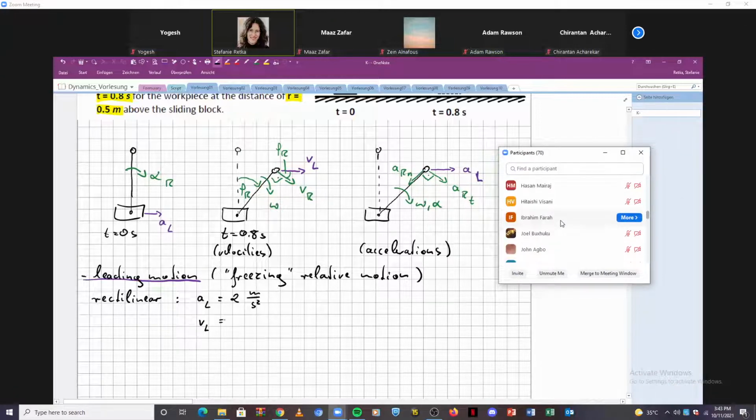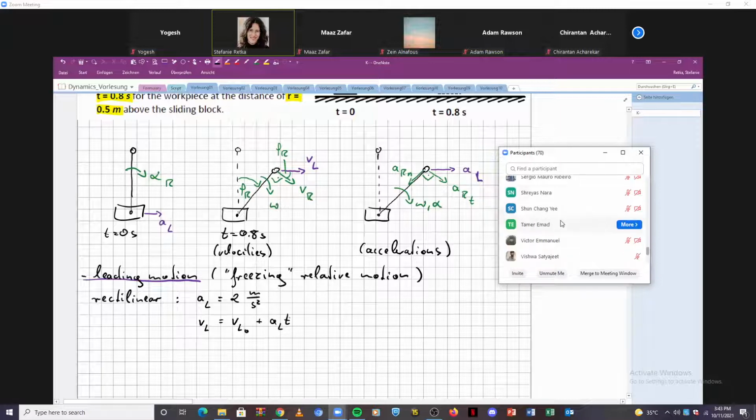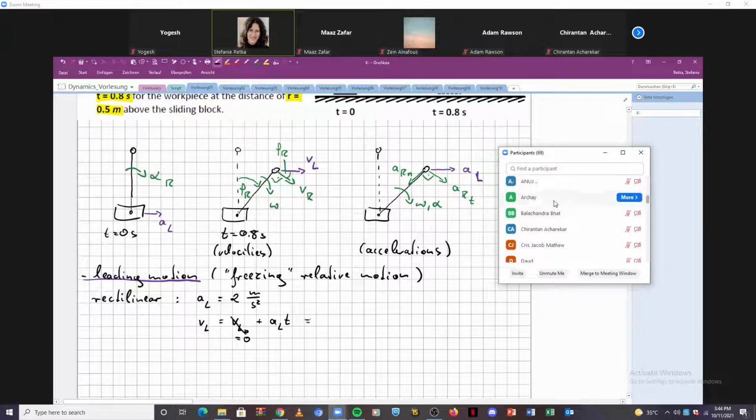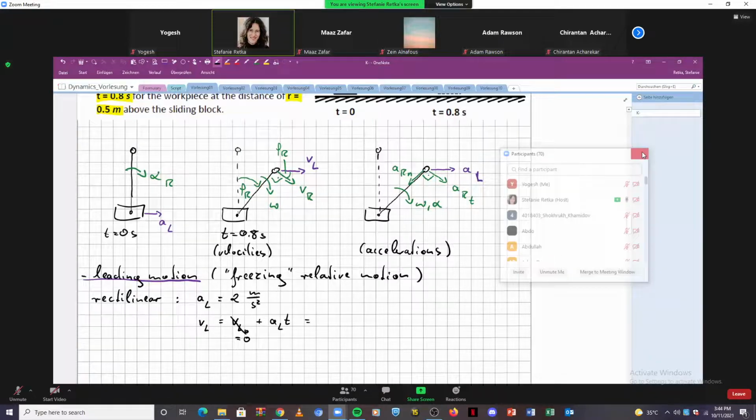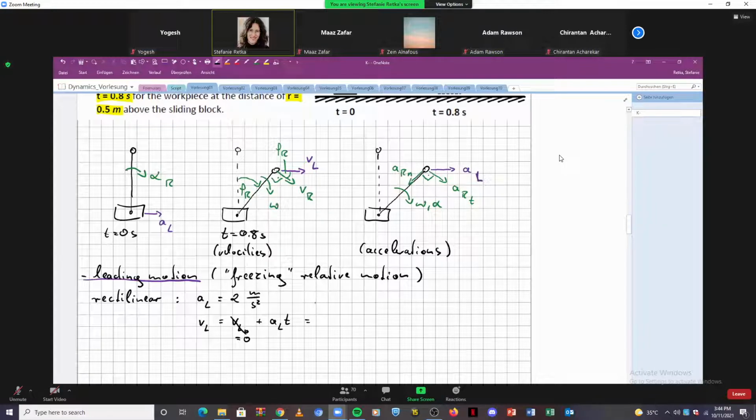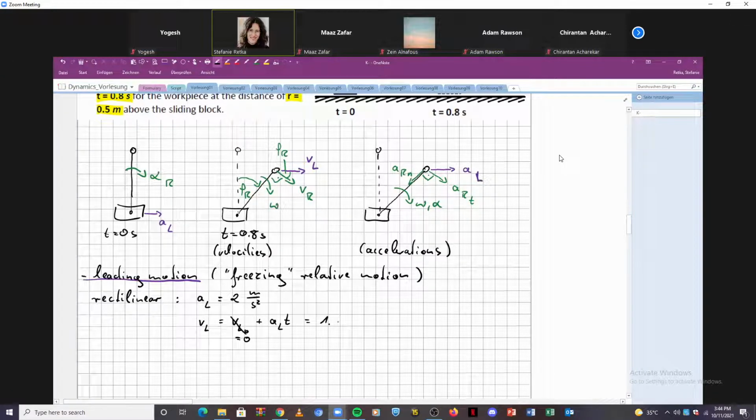First page in our formulary, we have the initial velocity plus AL times T. And in the problem description, it's stated that our system starts moving from rest position, meaning that the initial velocity is 0. So this cancels. So we have 2 meters per square second multiplied by 0.8 seconds. So 2 by 0.8 is 1.6 meter per second.